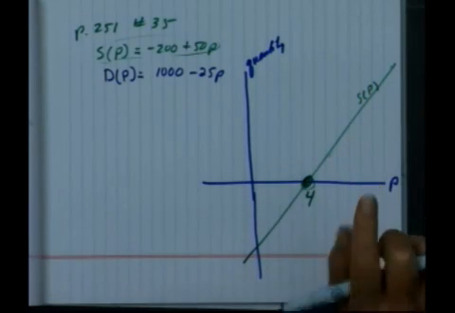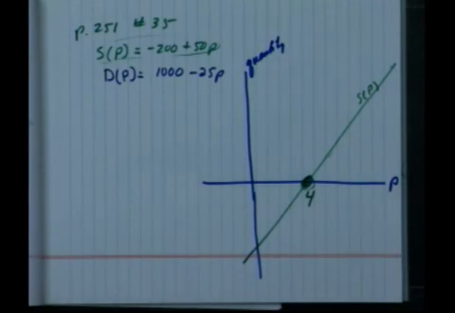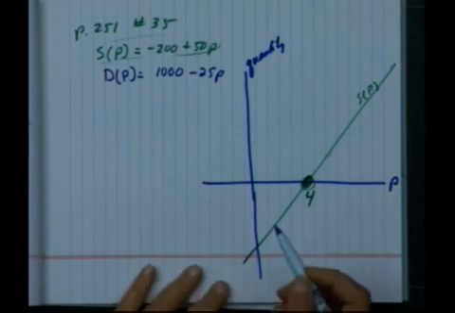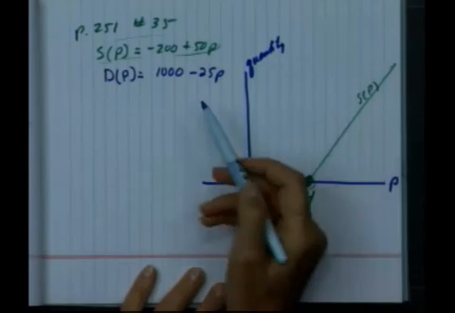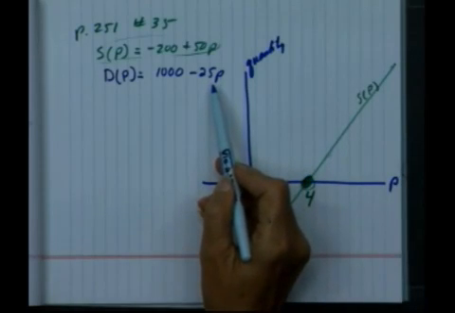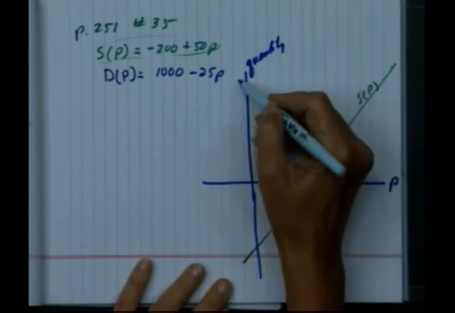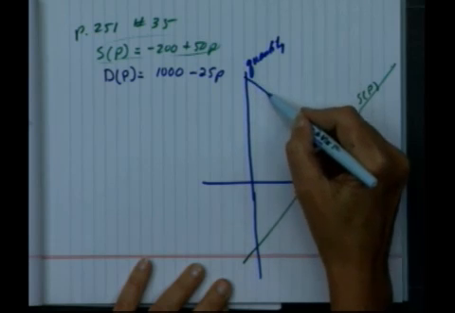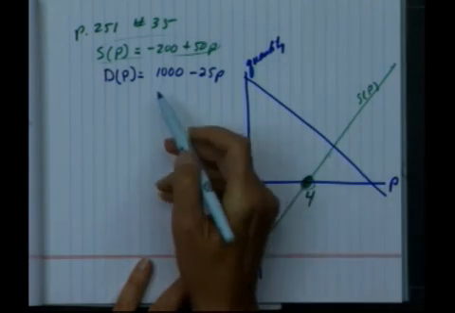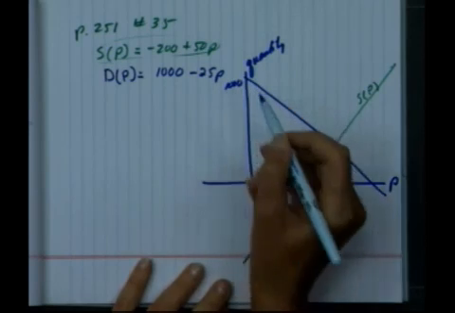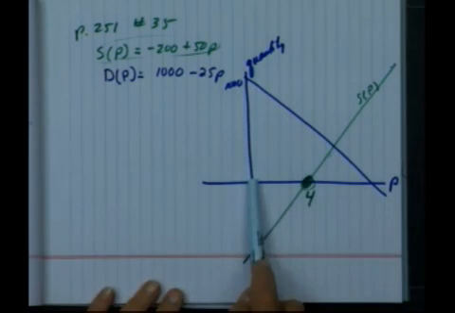Do you see? Okay, the demand is 1,000 minus 25p, and let's see, 1,200, that's the intercept. All right, this curve is going to come across like this. This is up here at 1,000. That just means that the consumer would just go crazy.